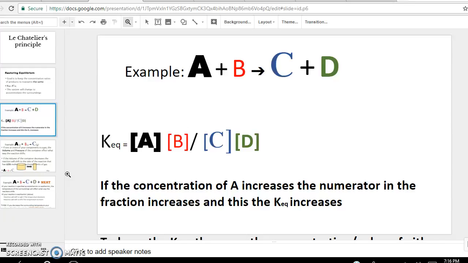So to counteract this, the reaction has to shift from left to right, thus increasing either C or D. If C or D increases, as the numerator is increasing, this will keep the ratio the same.